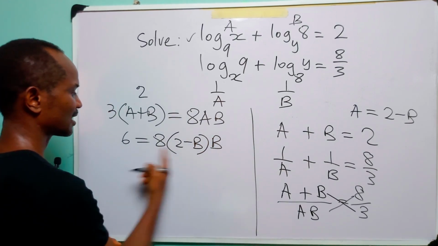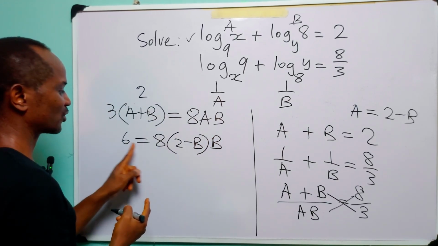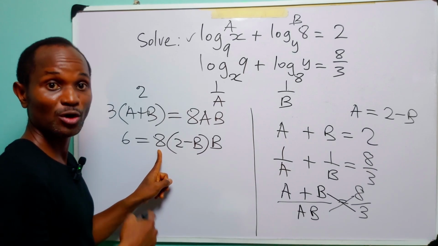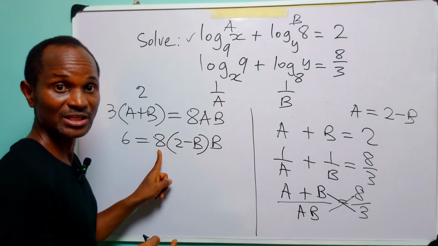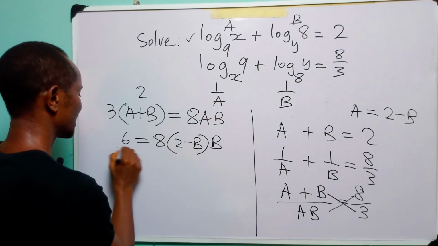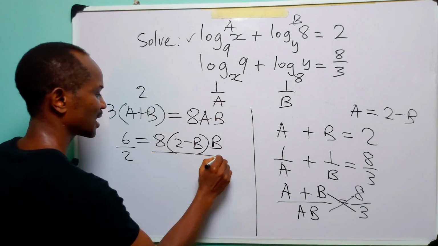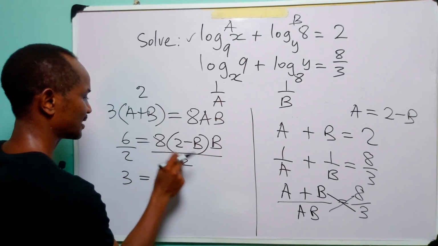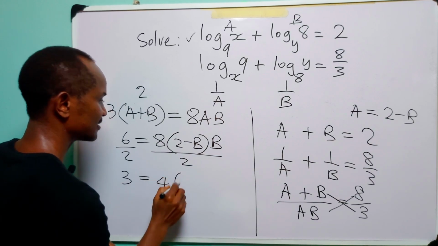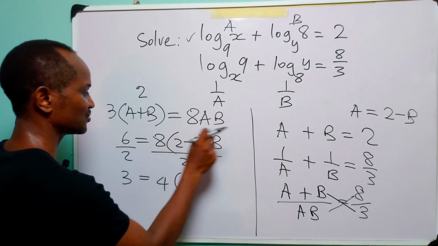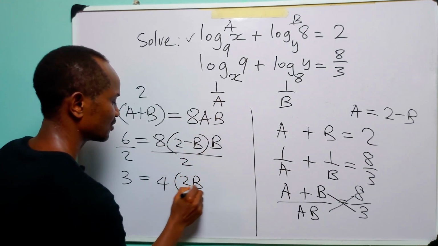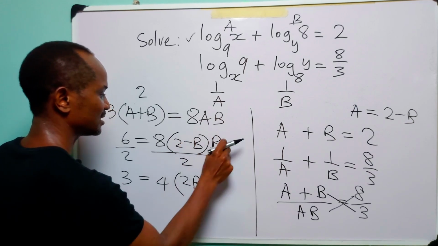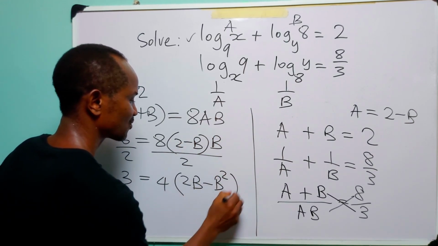The next thing we do is, this is an even number and this is also an even number, so we can divide both sides of the equation by 2. So we have this over 2 and this over 2. Here we have 3 and here we have 4 into, let us open this bracket, 2 times b is 2b minus b times b is b squared.